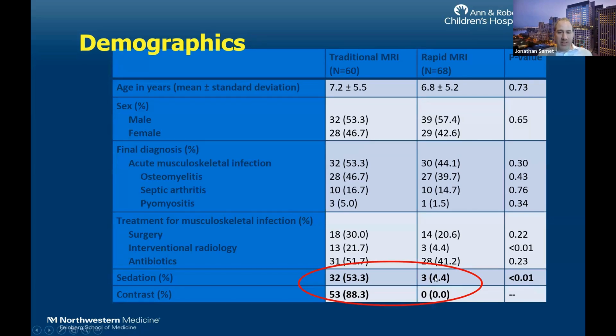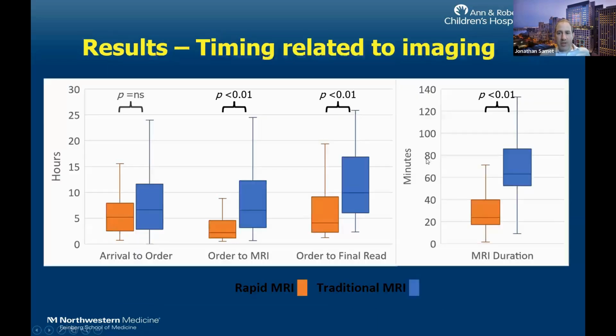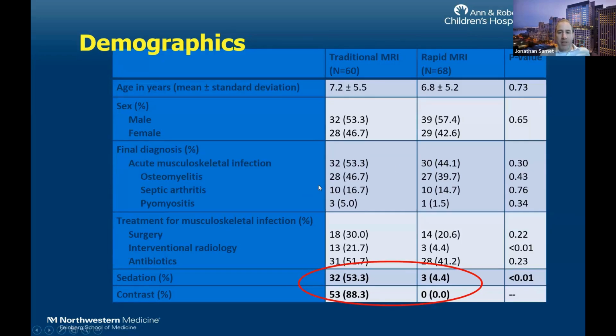They may have given a little Versed or something before they came to our MRI suite. We didn't know, but essentially it's nothing in this rapid cohort, right? We had similar ages of patients in our cohort, male, female, similar diagnoses. We had like 32 acute osteo and 30 in both, 28 osteo in both categories, 10 and 10 for septic joints. So similar diagnoses, right?